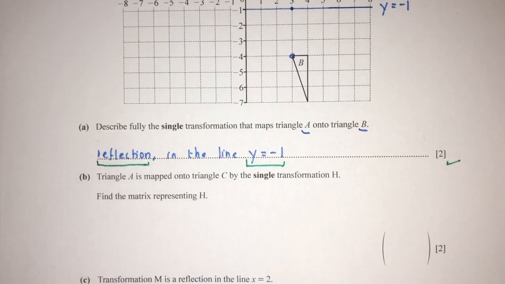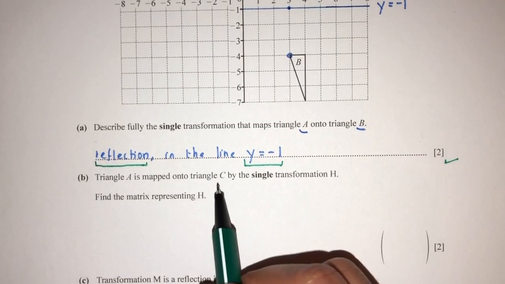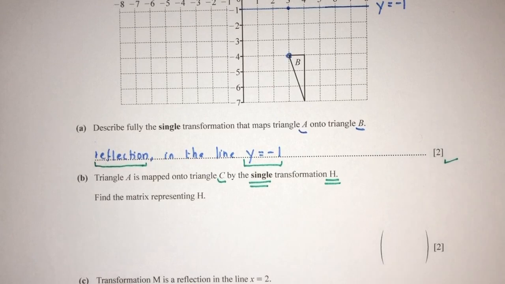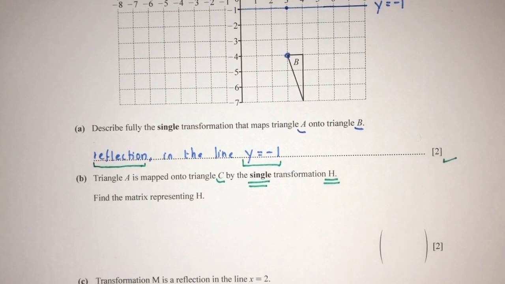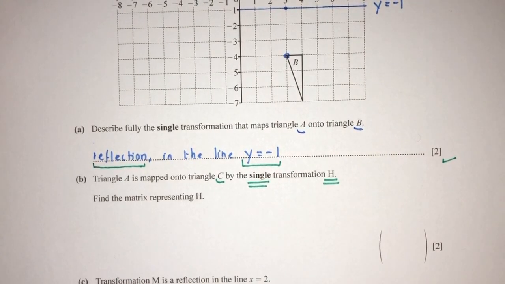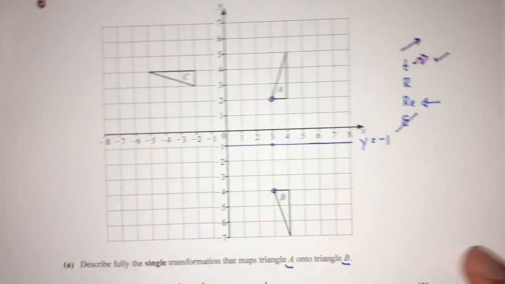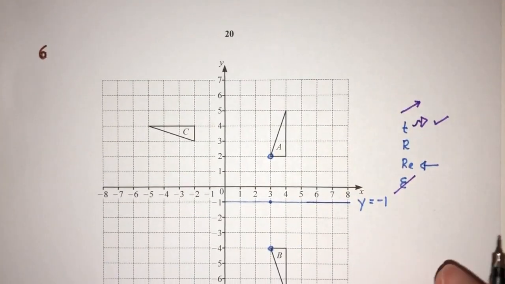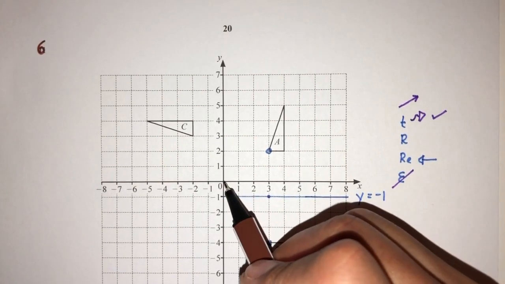Now for part B, we have triangle A is mapped onto triangle C by a single transformation H. So we have to see what is transformation H. So let's see. A has been moved to C. So what can help us is that let's join this and this.